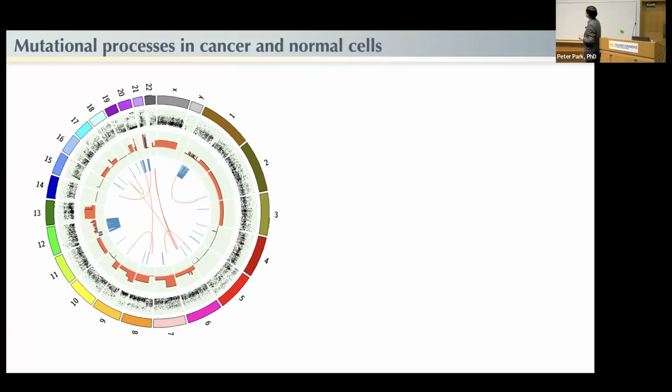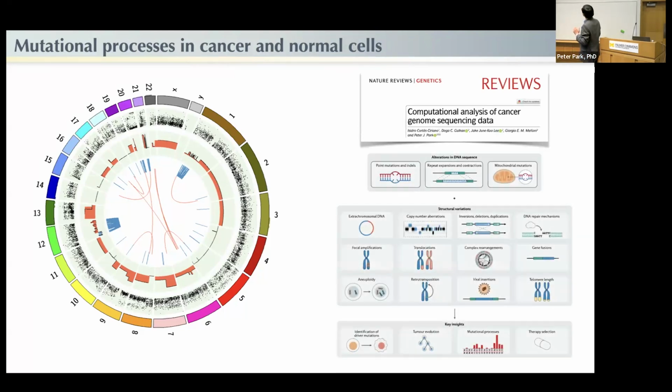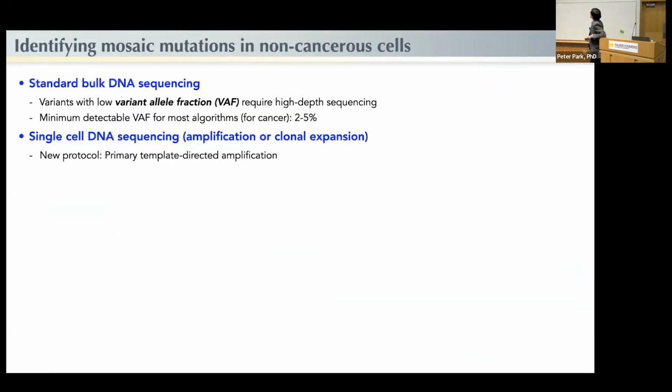Most of you know that you can sequence whole genomes and then identify not just point mutations, but all sorts of mutations. Point mutation is just one aspect that most people focus on. Copy number, and other types of structural variations that we just could not interrogate until we had whole genome data, we have tried to develop methods for. That was from a review paper that we wrote recently.